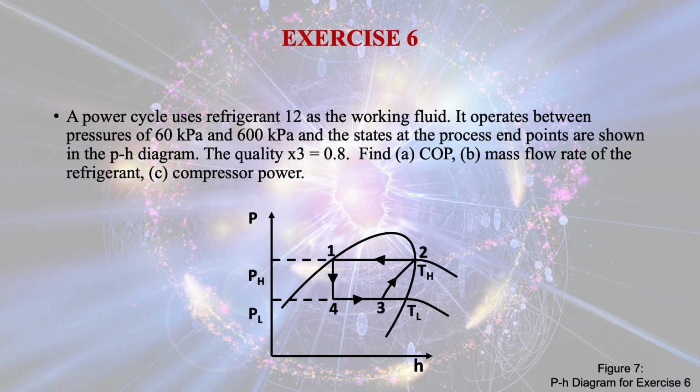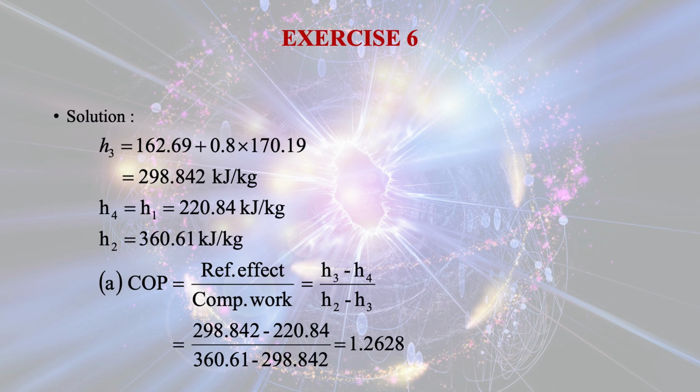Now here you see the diagram, we can calculate the enthalpy at 1, and also the other points. So h3 is equal to 162.69 plus 0.8 into 170.19, because the dryness fraction at point 3 is given.